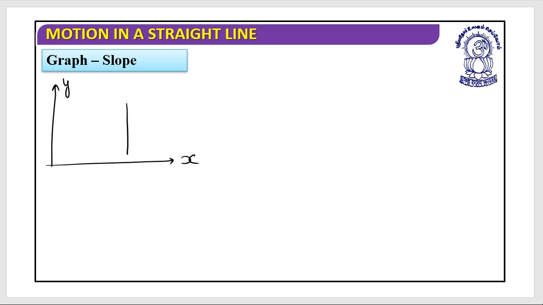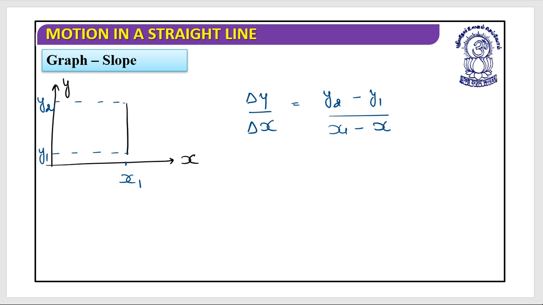Tell me, what should be its slope? If I take values on this straight line, let's name it x1, and the other points y2 and y1. Let's find the ratio of these two quantities. It is delta y by delta x, so that would be y2 minus y1 divided by x1 minus x1, so this would be y2 minus y1 divided by 0.